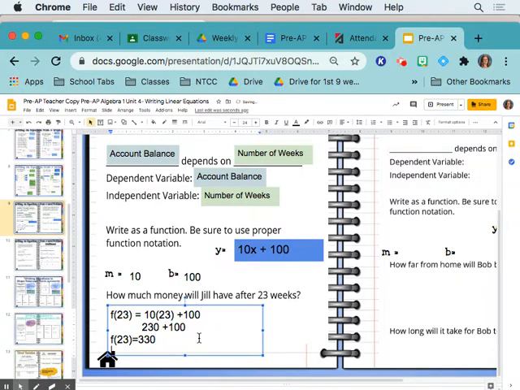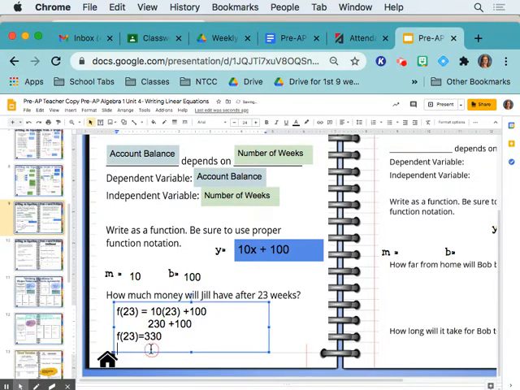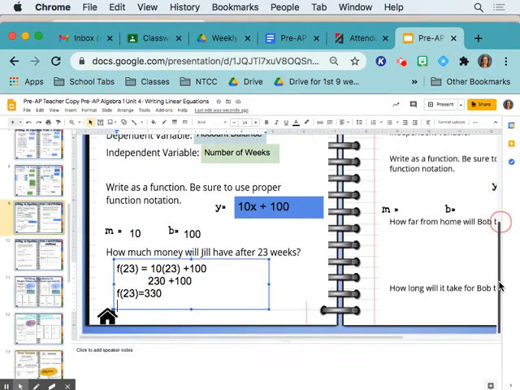Let's write it as a sentence. Since this is a word problem, we need to write our answer in words. So how do we answer the question? How much money will Jill have after 23 weeks?